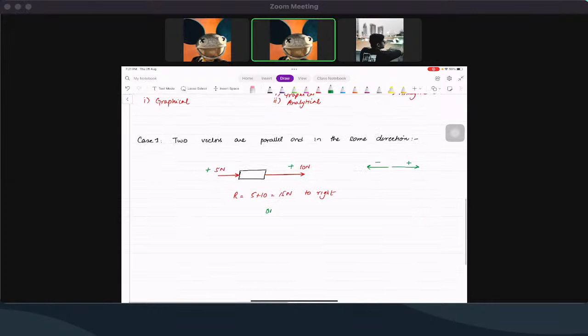So you can simply write plus 5 and plus 10 is equal to plus 15. So it automatically means this positive sign shows direction to the right. Is it clear?